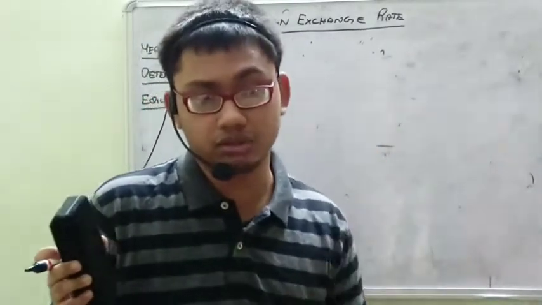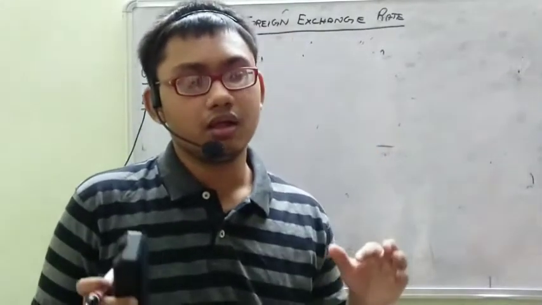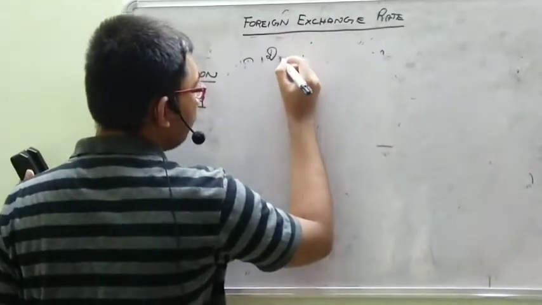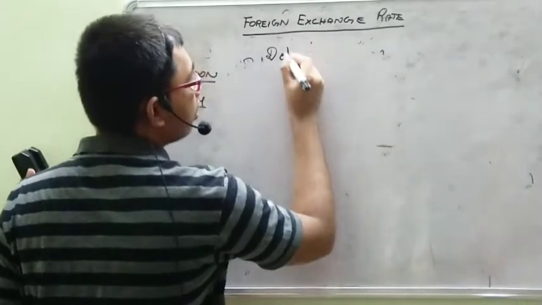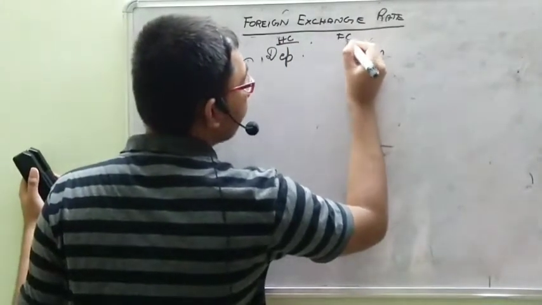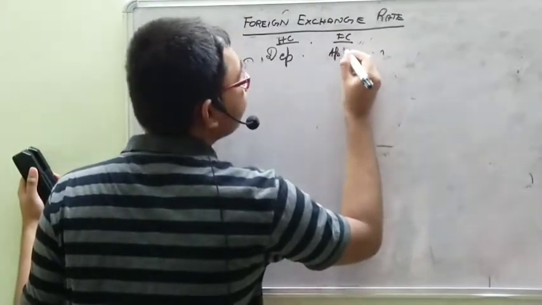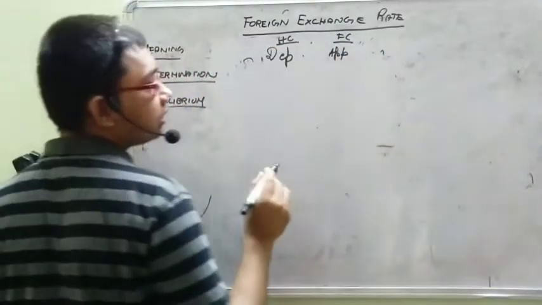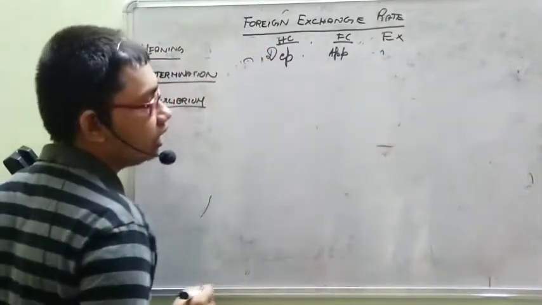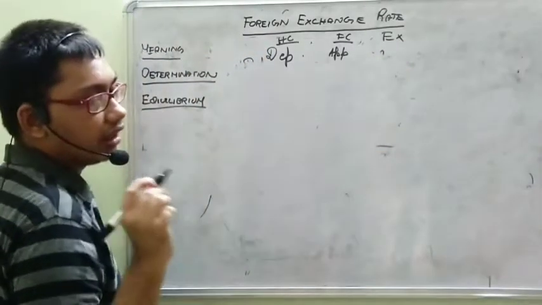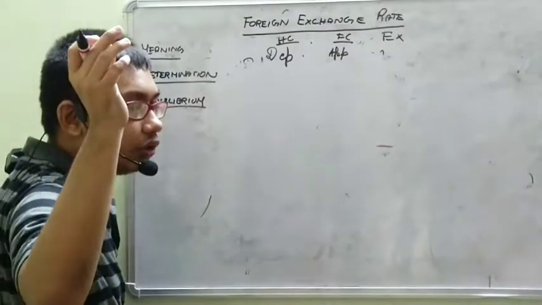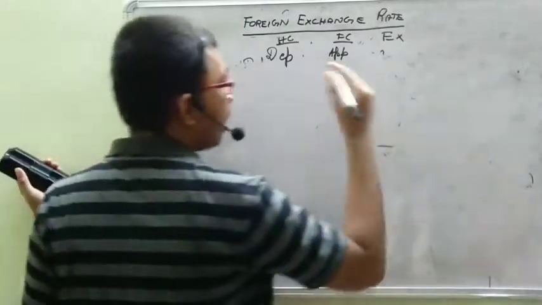So what happens when the home currency value depreciates? Home currency value depreciates, foreign currency value appreciates. Then what happens? Exports will go up because foreigners need to pay less for our goods.